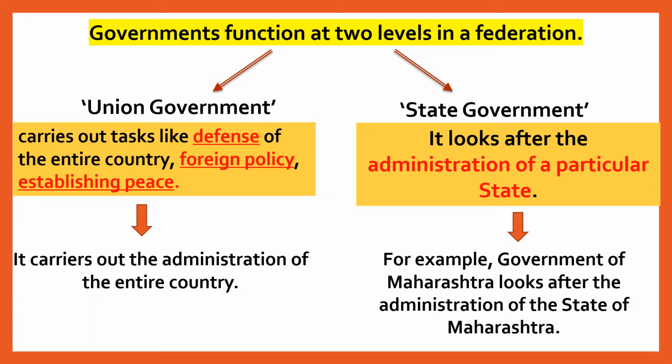In this way, it carries out the administration of the entire country. The state government, on the other hand, looks after the administration of a particular state. For example, the government of Maharashtra looks after the administration of the state of Maharashtra only.